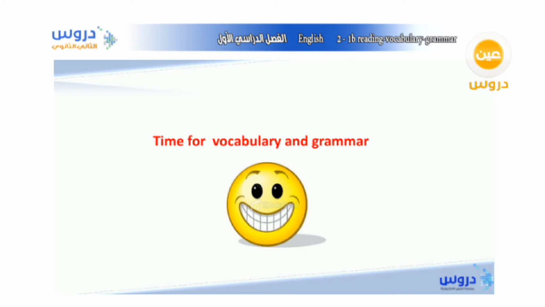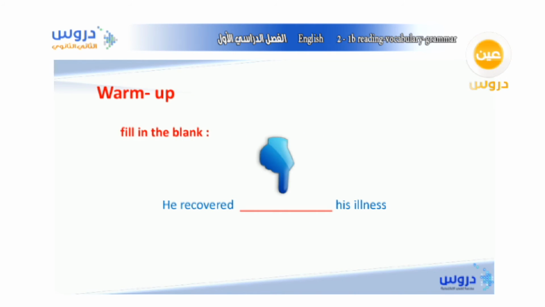Now, let's jump to some grammar and vocabulary right over here. So, fill in this blank. If someone had gone sick and then recovered, what do we say here? He recovered in his illness, to his illness, or from his illness?